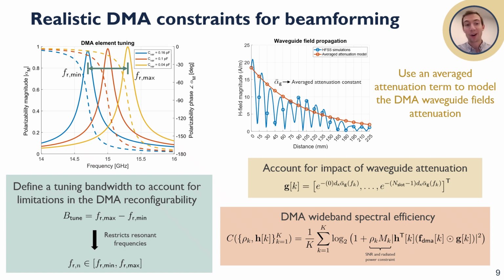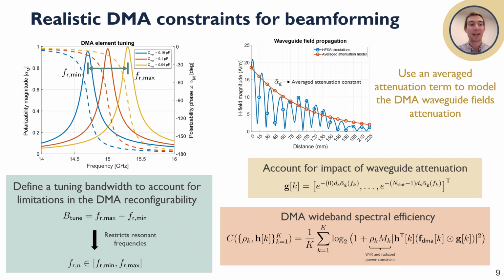We incorporate this into our work via a tuning bandwidth factor. So we have both the signal bandwidth and the tuning bandwidth, which is the FR max and the FR min that you see there, which will restrict the range of resonant frequencies that we can actually use for our wideband beamforming.